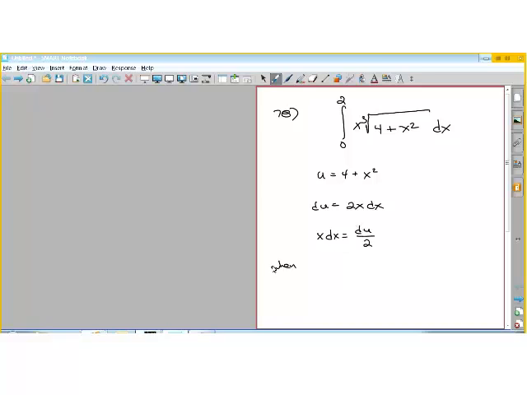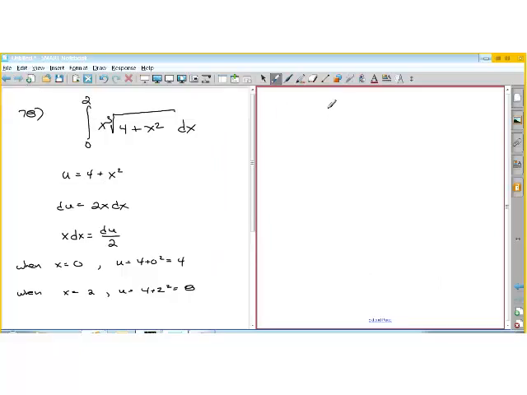And we'll redefine the limits. So when x is equal to 0, which is the lower limit, u is equal to 4 plus 0 squared, which is 4. And when x is equal to 2, u is equal to 4 plus 2 squared, which is 8.